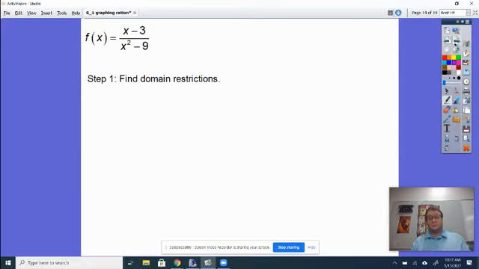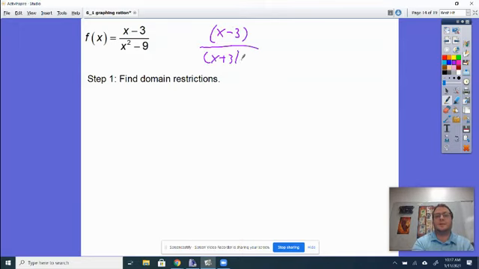Now, last thing we need to look at is what if something cancels? So factoring this out, I'm going to get x plus 3, x minus 3. Okay, and I notice that this is going to cancel for me.